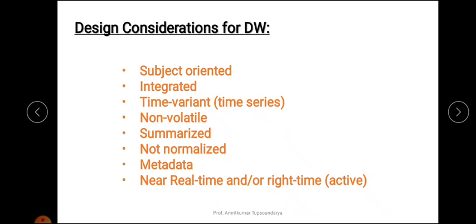So not normalized means the data warehouse often uses this star schema architecture, which is a rectangular central table surrounded by some other lookup tables. The single table view significantly enhances the speed of the queries.